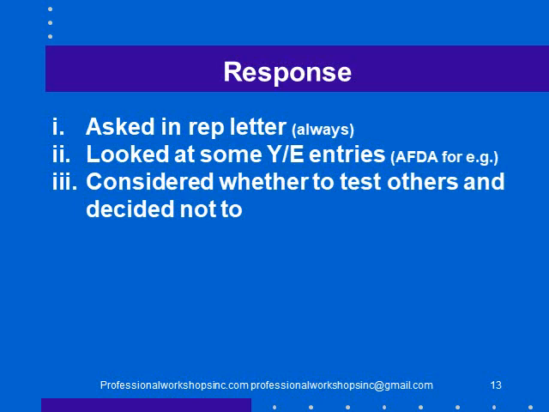In a small client, probably the client is not making any year-end entries in the preparation of the financial statements. We, the auditor, are proposing those journal entries, so there may be none, and we may already have looked at them. And then we need to consider whether or not to test others based on risk of material misstatement, and I decided not to.